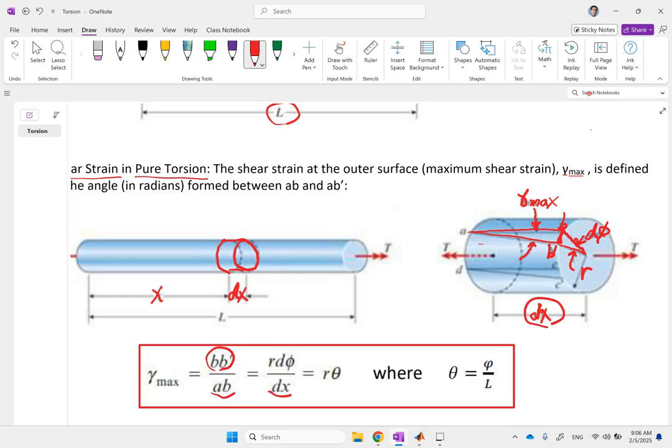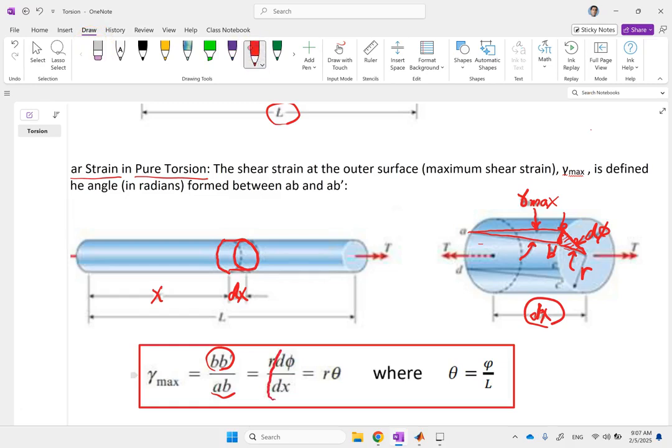How much is BB prime? Well, if you look at BB prime in this other rectangle, or this slice of the circle, it is equal to R d phi. So gamma max is clearly going to be R d phi over dx, right?